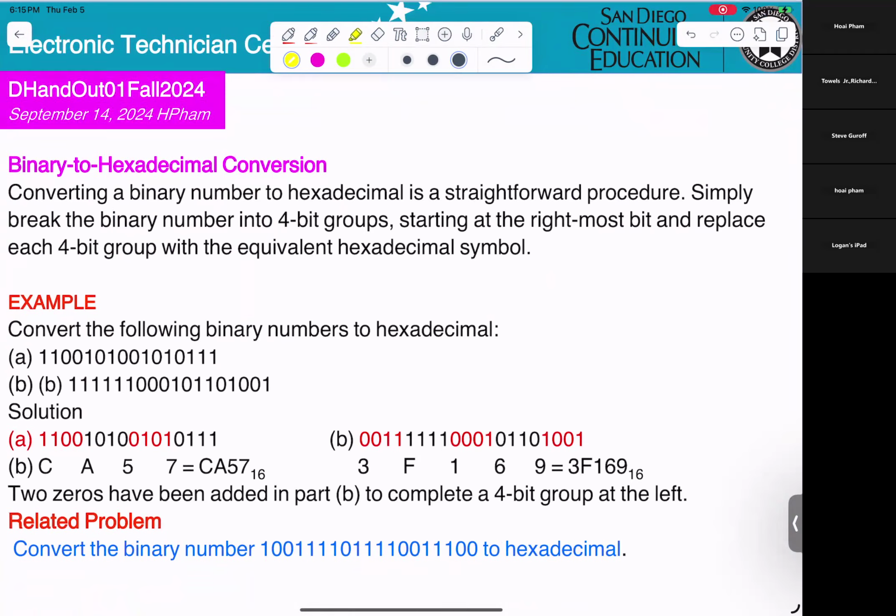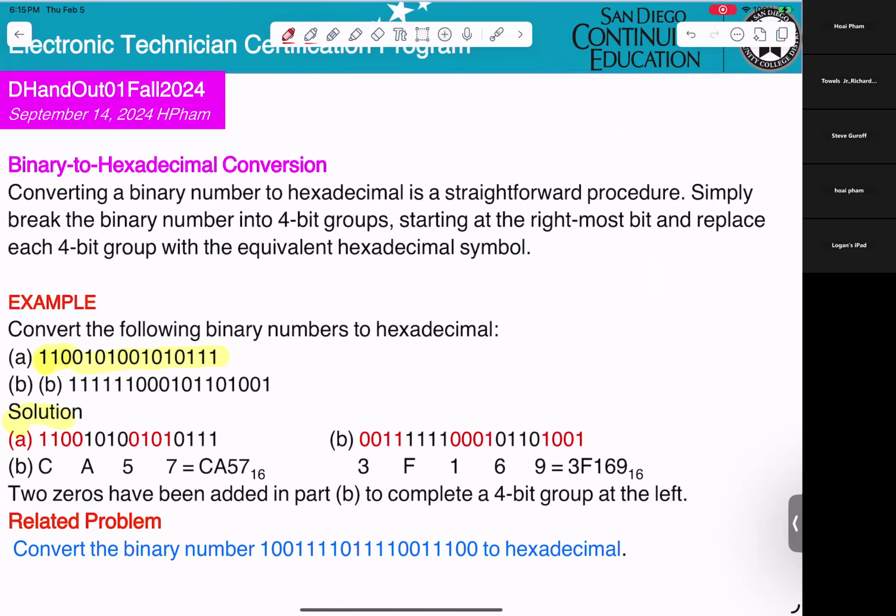Binary to hex conversion. If you get a binary number here and you want to know it in hex, it's very simple. First thing, you get the binary you want to convert into hex.